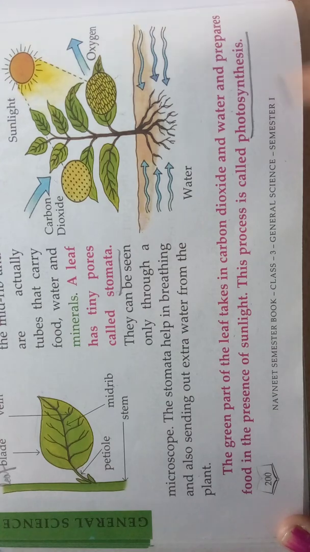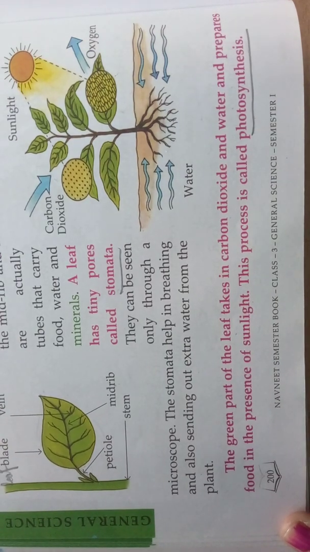This process is called photosynthesis. Understood, children? So the chlorophyll in the leaf takes in carbon dioxide and water, and in the presence of sunlight, it prepares the food. This process is called photosynthesis. So this is the main function of the leaf.